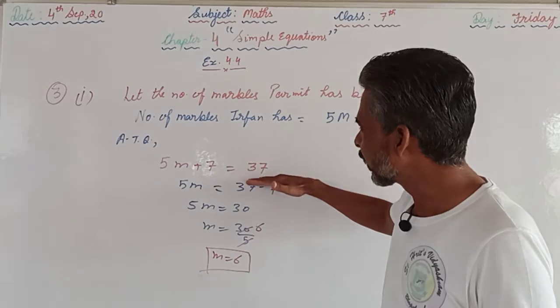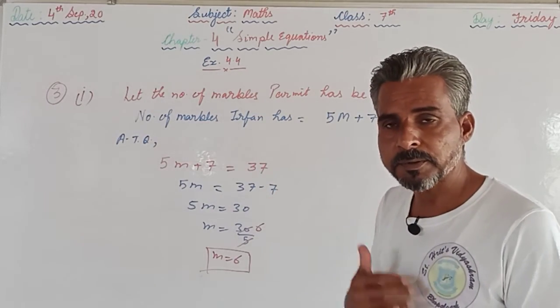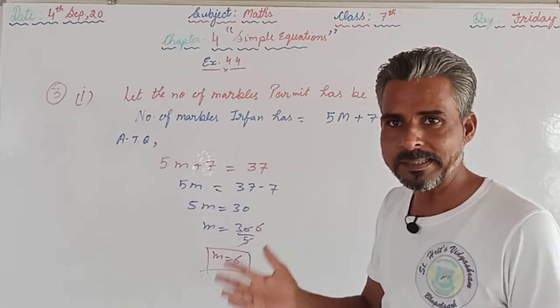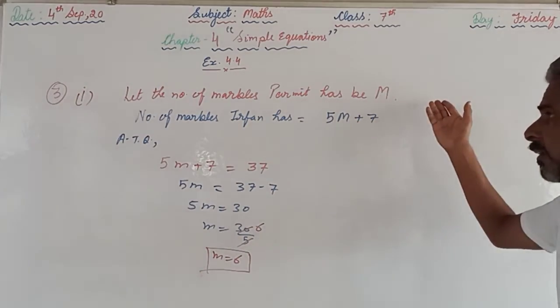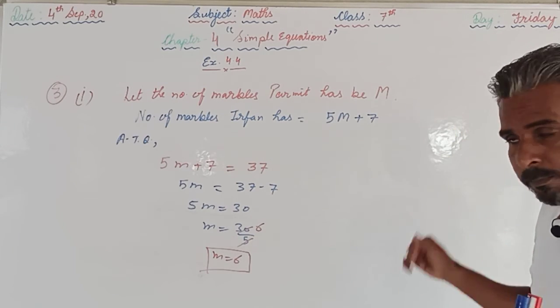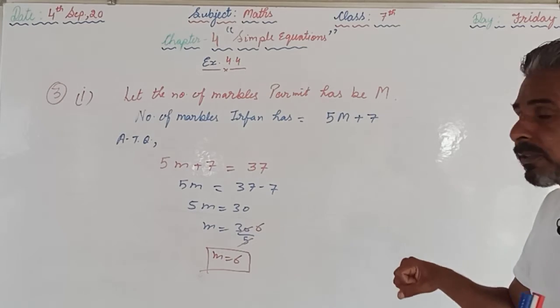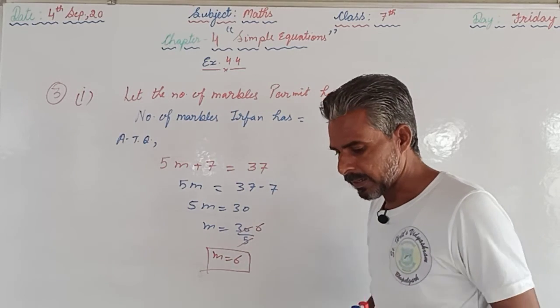Now the second part is to solve that simple equation to find the unknown quantity, that is the variable. We assumed that Parmeet has m number of marbles. So after framing the equation, we are supposed to find the value of m. That is the second part.